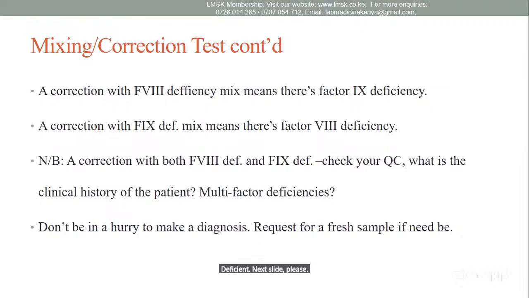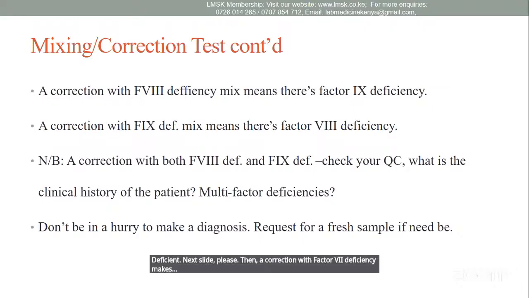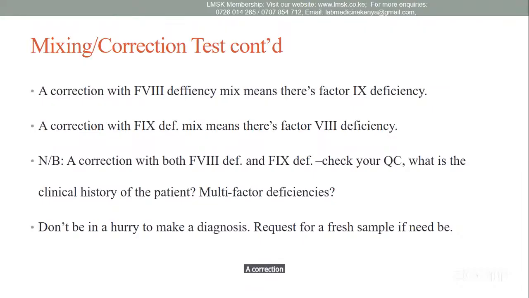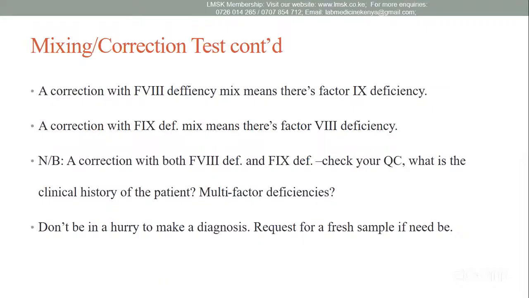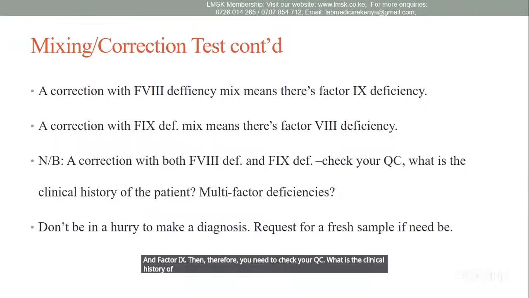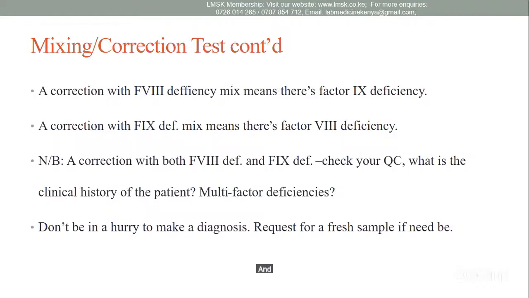Then a correction with factor 8 deficient plasma means there is factor 9 deficiency. A correction with factor 9 deficient plasma means there is factor 8 deficiency. What you have to note, if there is correction with both factor 8 and factor 9, then you need to check your QC, the clinical history of the patient, and multi-factor deficiency.